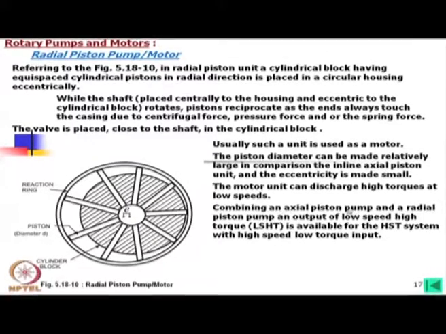Now, combining an axial piston pump and a radial piston motor, an output of low speed high torque is available for an HST system. Now, this will be radial piston, not pump, it will be motor.